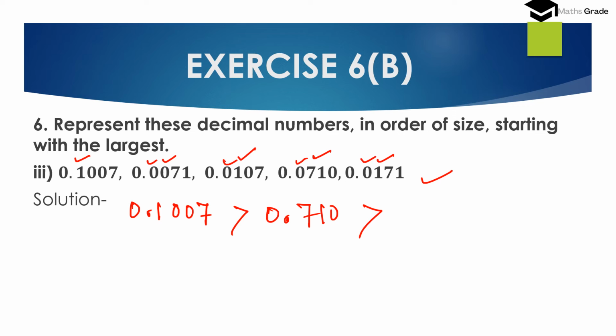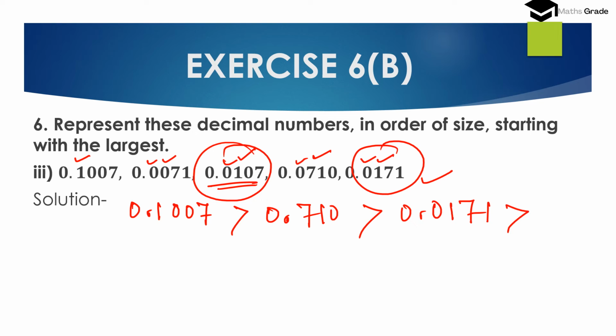Now in the 100th place it is 1 and here also 1. So compare these two decimals, 0.0107 and 0.0171. Here 01 and here also 01. Then in the 1000 place it is 0 and here it is 7. 7 is the greater digit, so 0.0171 is the greater number than 0.0107.